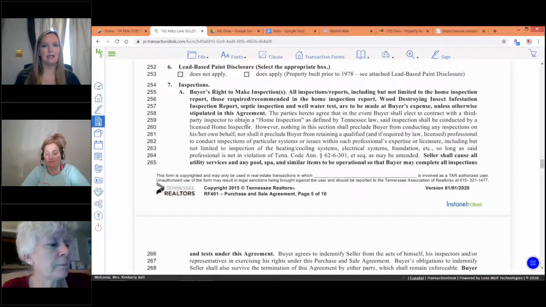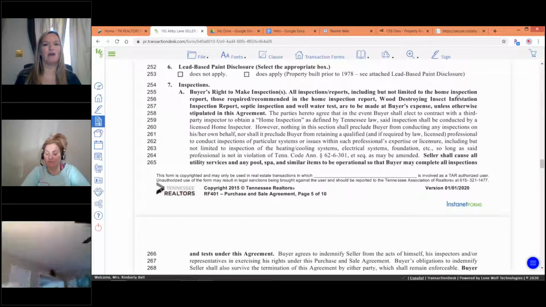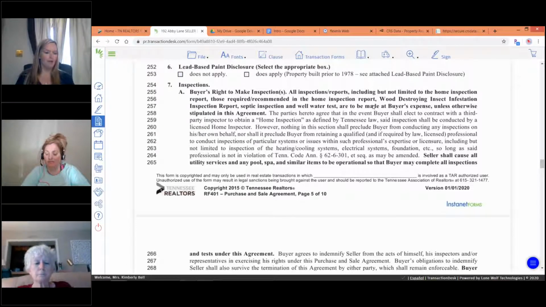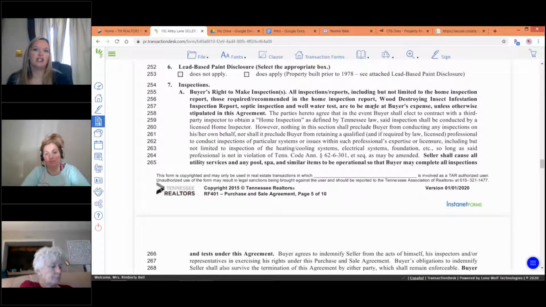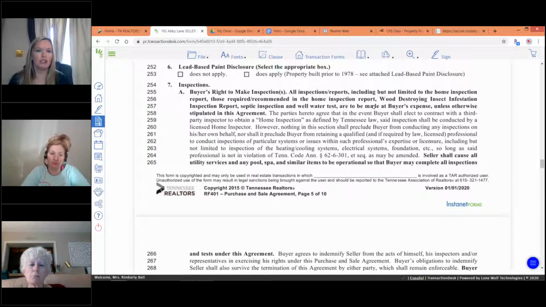Right here on line 255, including but not limited to the home inspections, those required recommendations in the home inspection report. So maybe you're under your inspection period and there's a foundation issue with the wall outside, like it looks like it's leaning, and the inspector says, I think you need to have this inspected by a structural engineer. Now that inspection has been brought into the inspection period.